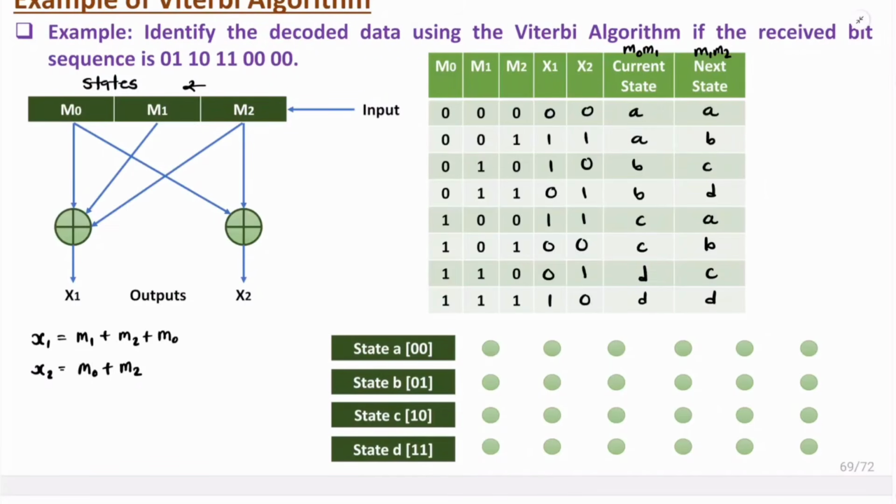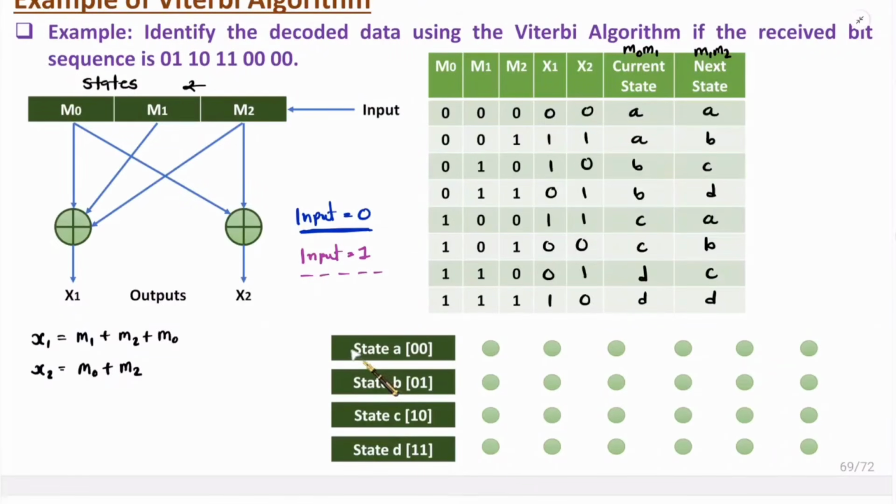See, in trellis diagram, what we need to do, we need to draw lines over here with respect to input sequence. Here, as if you have input that is 0, then we need to draw solid line, and as if we have input that is logic 1, then we need to draw dash line.